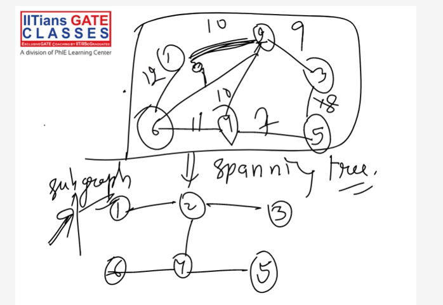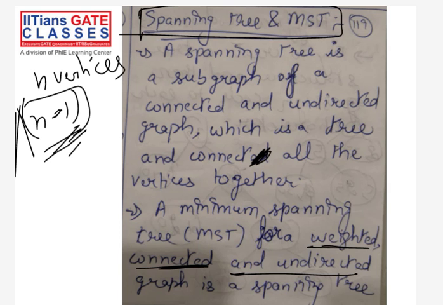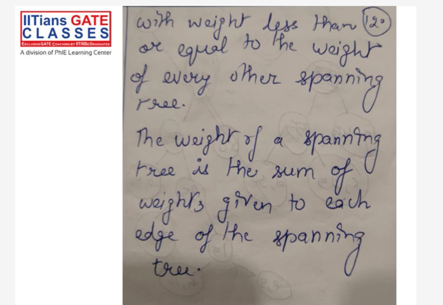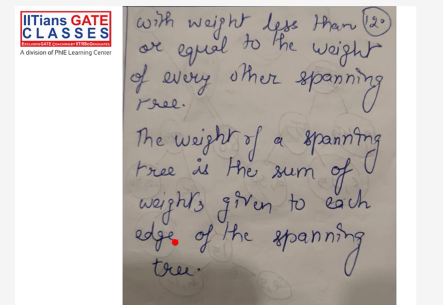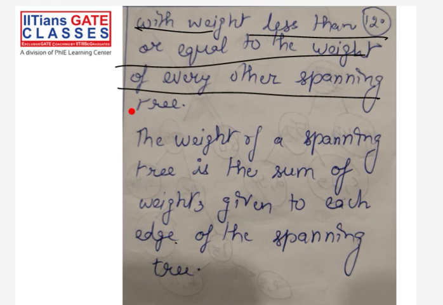Okay. So now you are given a weighted, undirected, connected graph. Okay, that is what we mean by a weighted, undirected, and connected graph. Okay, so a minimum spanning tree is a spanning tree of a weighted, undirected, connected graph with weight less than or equal to the weight of every other spanning tree.